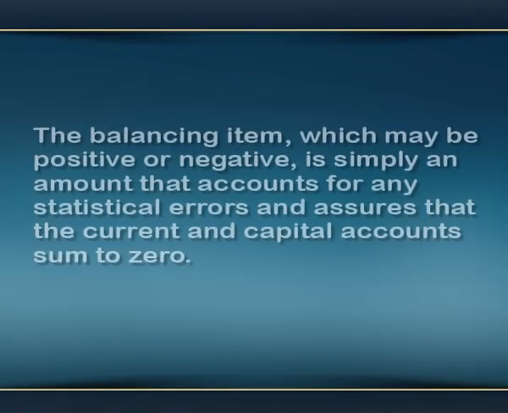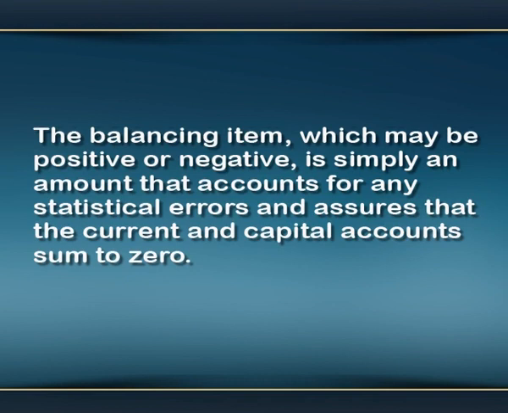Expressed with the broader meaning for the capital account, the BOP identity states that any current account surplus will be balanced by a capital account deficit of equal size, or alternatively, a current account deficit will be balanced by a corresponding capital account surplus. The balancing item, which may be positive or negative, is simply an amount that accounts for any statistical error and assures that the current and capital accounts sum to zero.